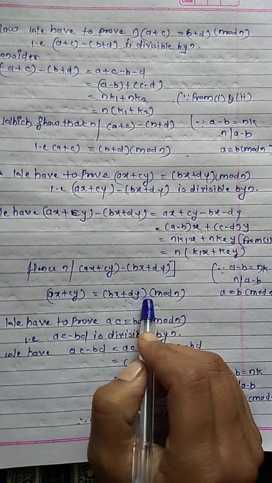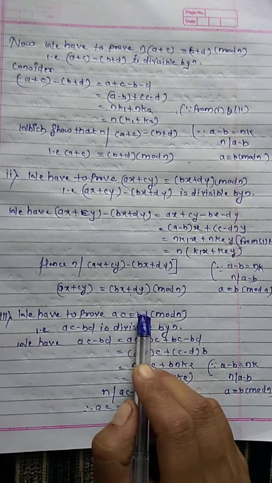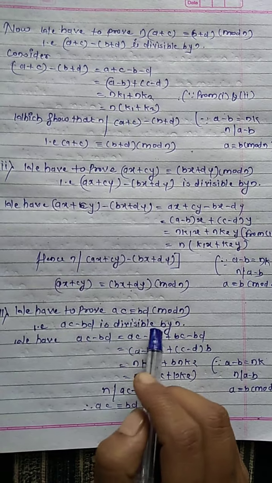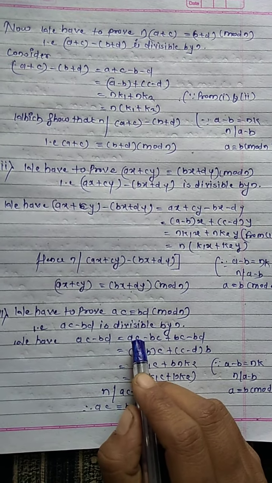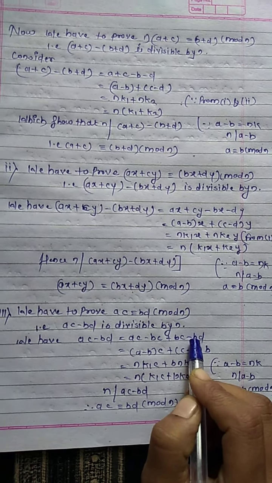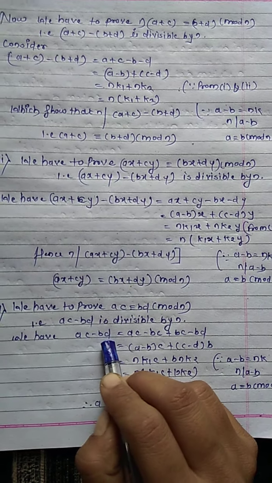Next we have to prove that ac is congruent to bd modulo n. That is, we have to prove that ac minus bd is divisible by n. So consider ac minus bd. We can write ac minus bc plus bc minus bd. Adjusting this, the minus and plus terms get cancelled, and we get the previous term.